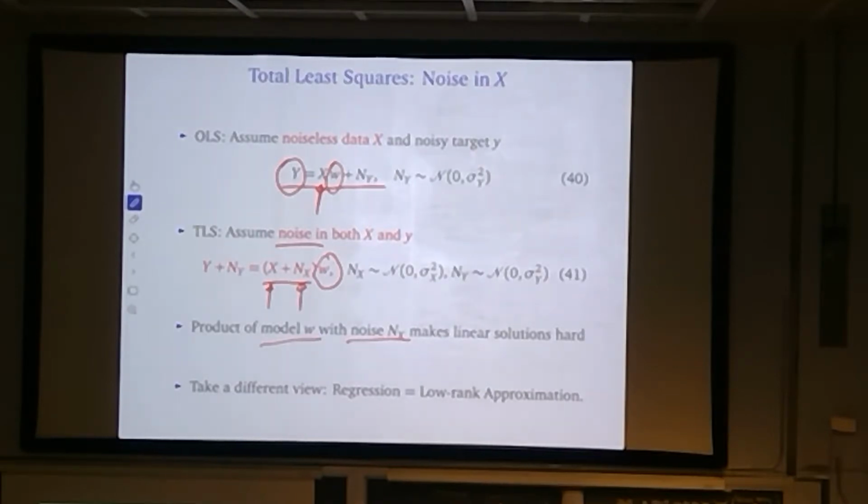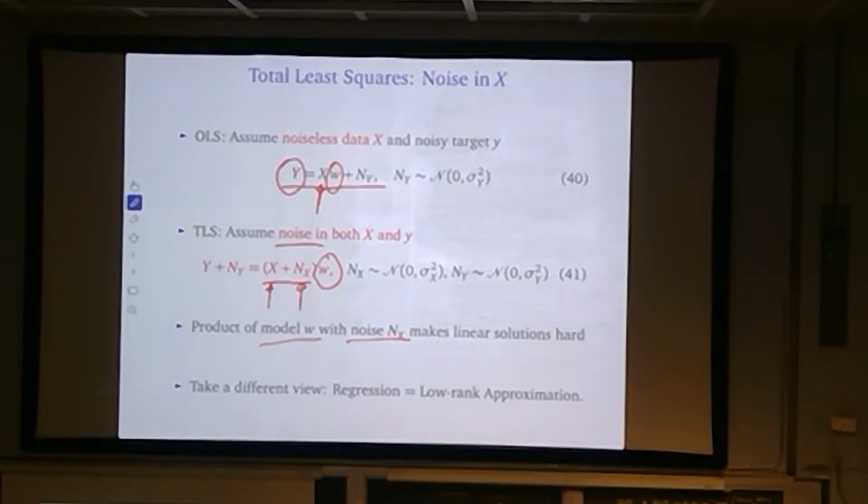But in total least squares, both x and y have noise, and you lose this distinction of what is x, what is y. The only thing is, at test time, you are given x, you still want to predict y. This is one direction. That's the only role difference.